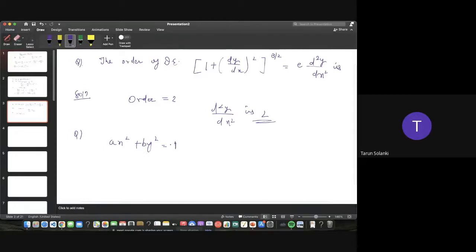So there are two constants, a and b. So the differential equation will be of order 2. You can copy this. Then we proceed to the next part.